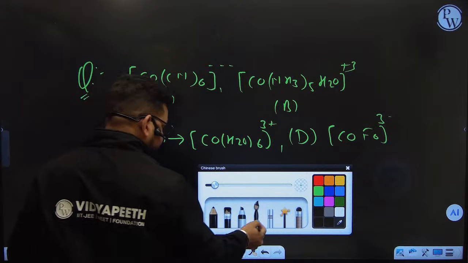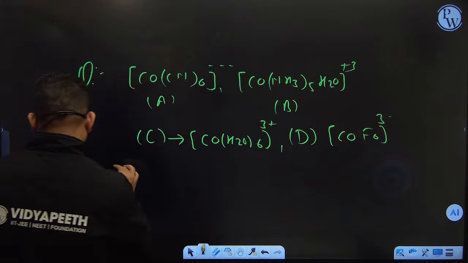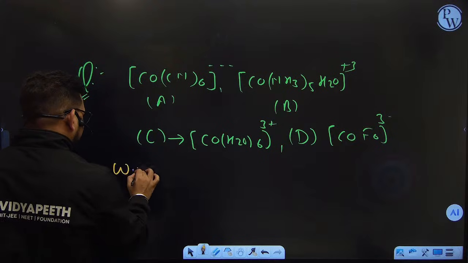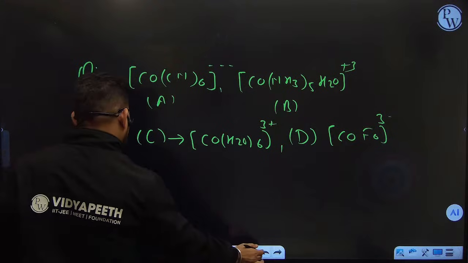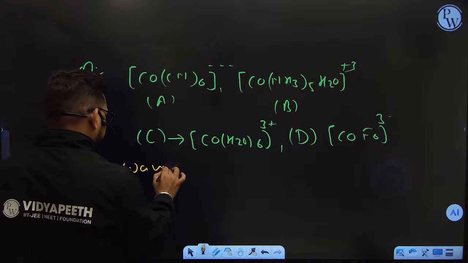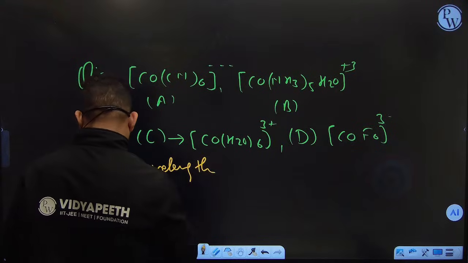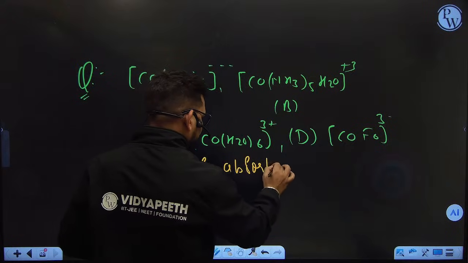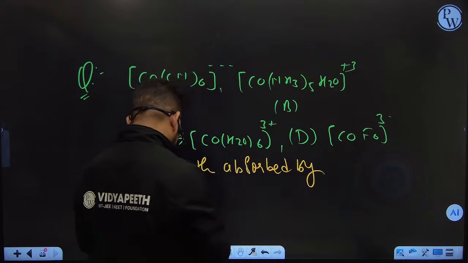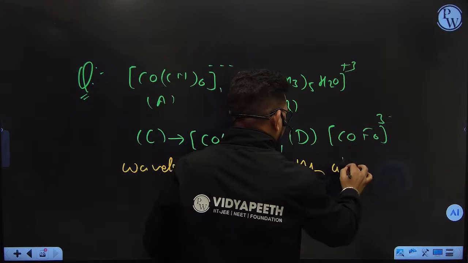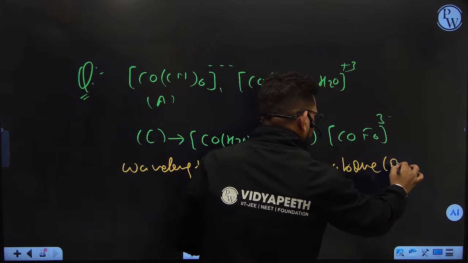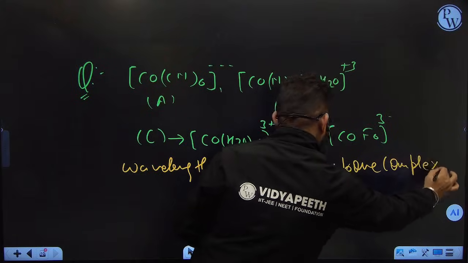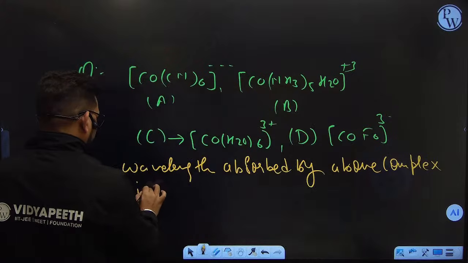According to the question, it is written: wavelength absorbed by the above complexes in the order.